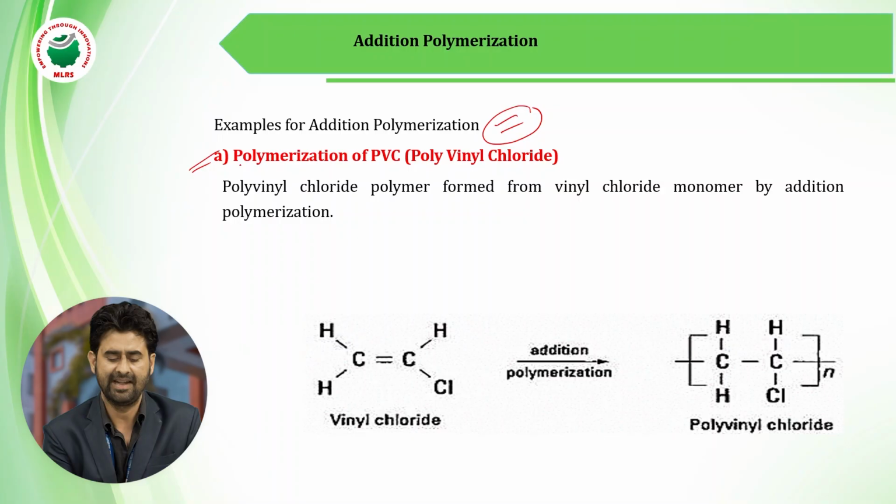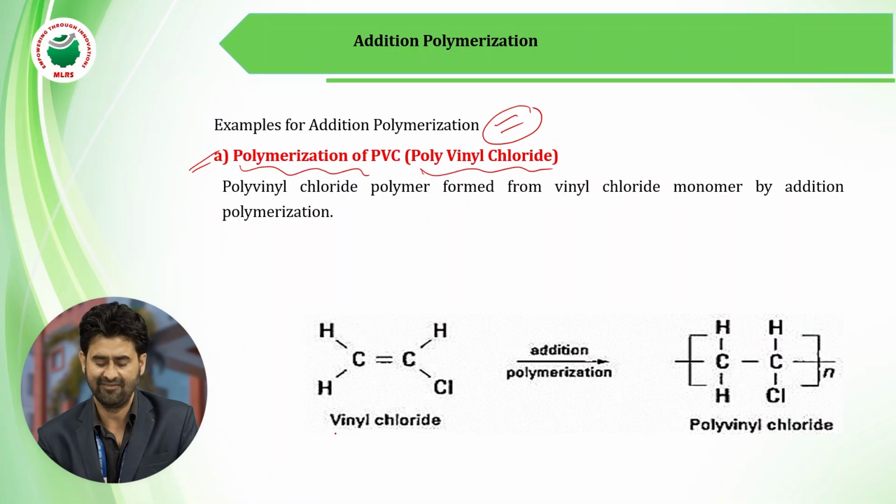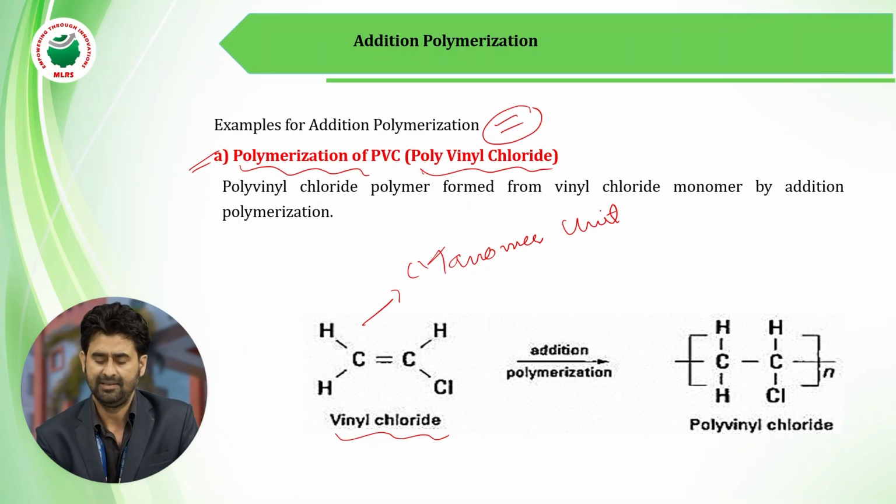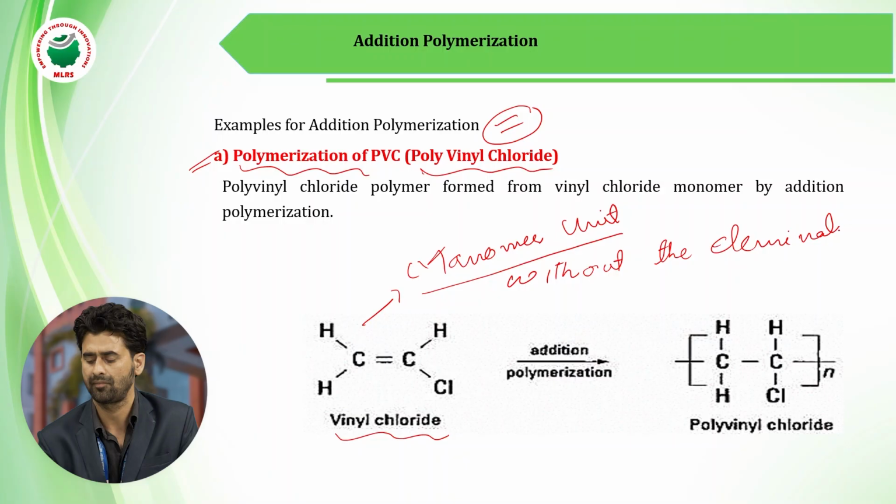First, the addition polymerization of polyvinyl chloride. See here, this is vinyl chloride, the monomer unit, which has two active sites, and these monomer units combine by addition polymerization without the elimination of byproduct.